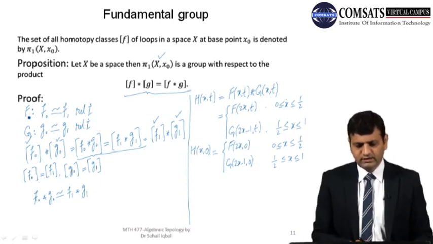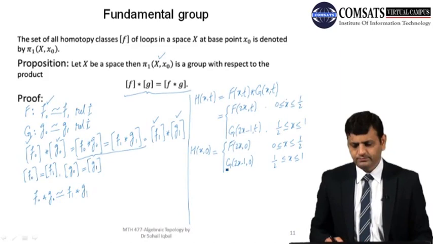We know that F is the homotopy used to show that f0 is homotopic to f1, so when t is equal to 0, I get f0, and similarly I get g0.